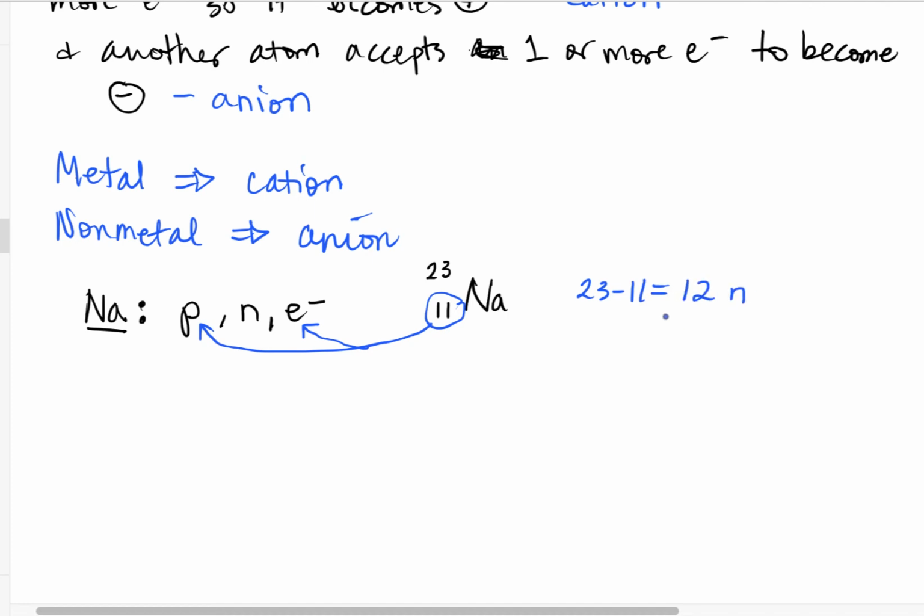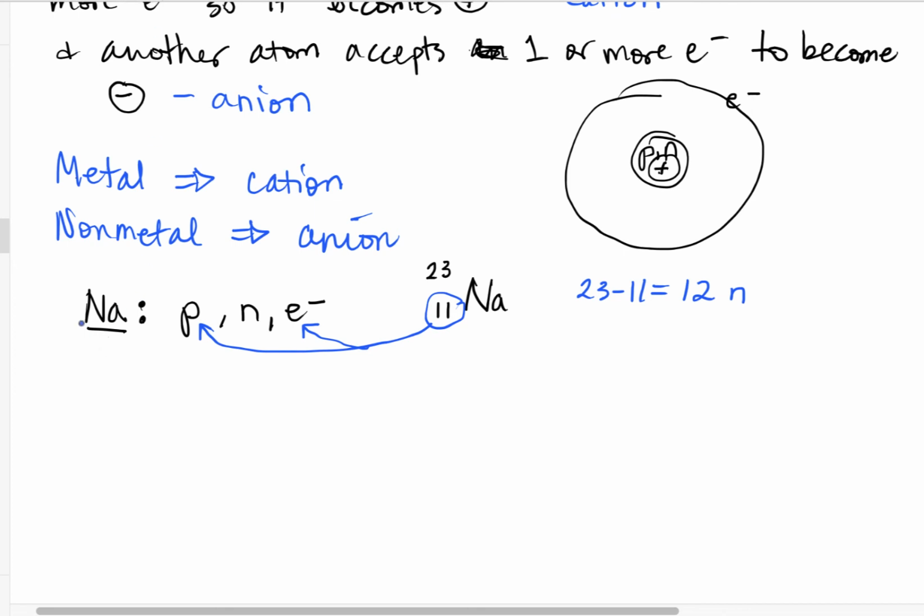So just to review again, remember that this atom has its protons and its neutrons jammed into this tight little packed massive area called the nucleus, and it's the electrons that are out here.